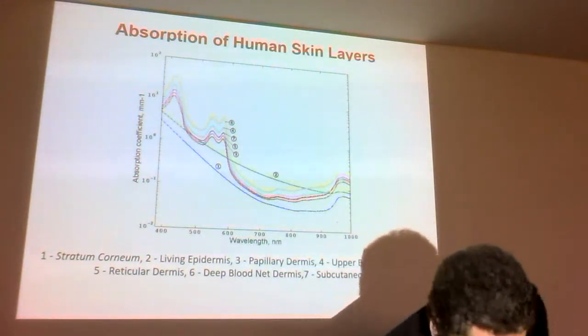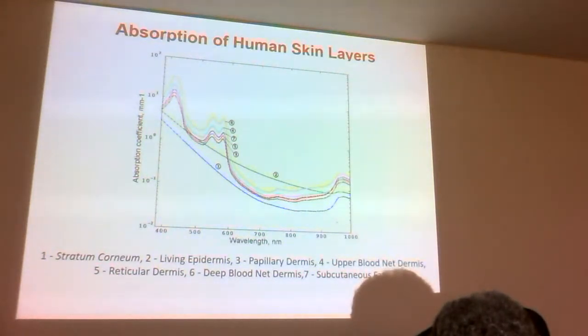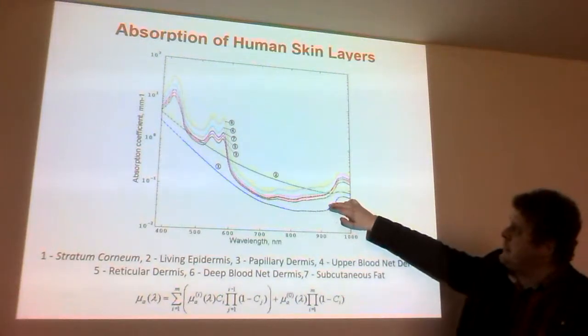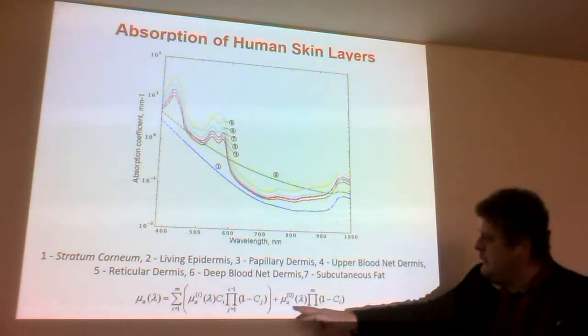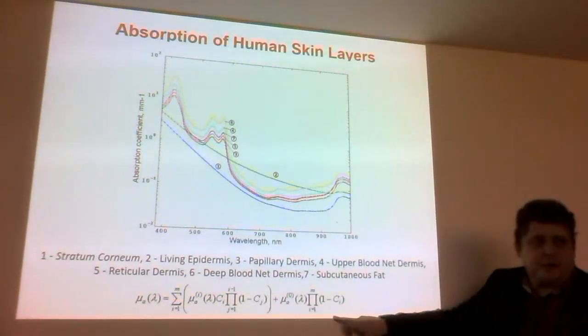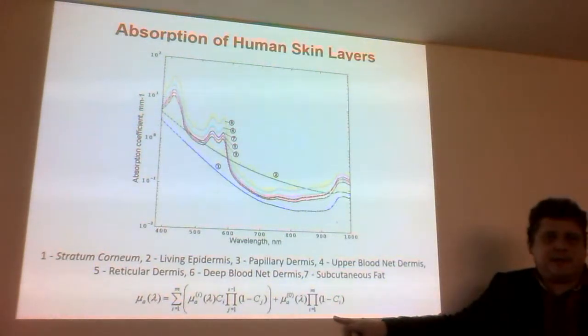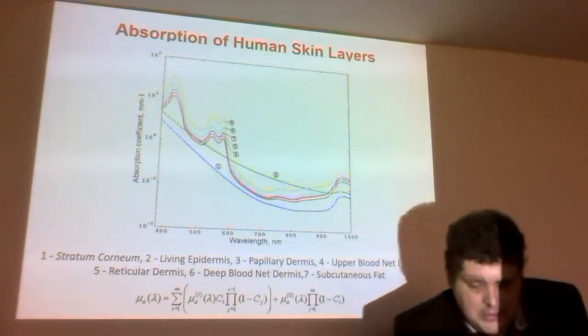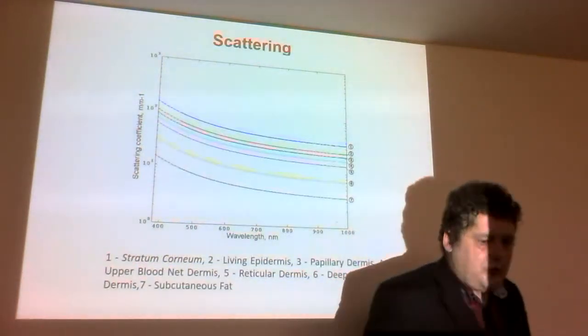So this graph shows us the actual absorption for each skin layer based on a very simple equation that is based on the concentration and actual presence of chromophore in each layer. So we can do the same for the scattering.